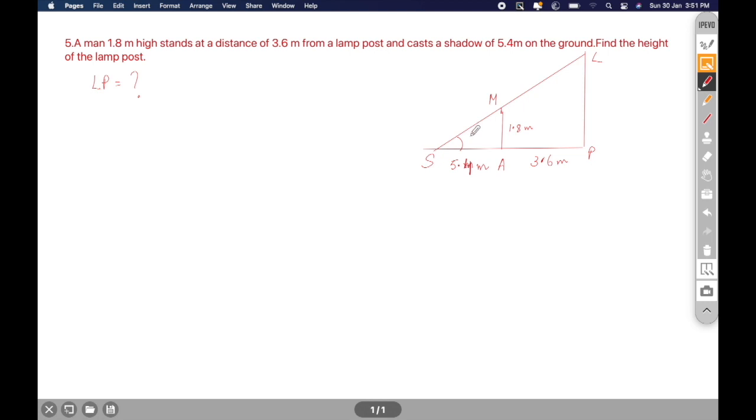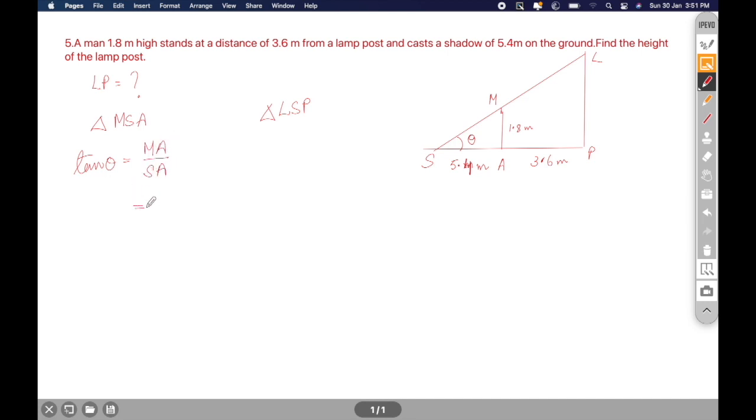Let us consider angle S as theta. In this diagram again we have two right angle triangles. One is triangle MSA and the other is triangle LSP. So in triangle MSA, tan theta equals MA by SA.